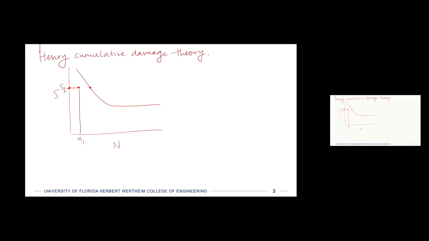In this case, we are going to do something a little bit different, and we're going to define the cycles that we have. We're basically going to say if we have this many cycles, then at any stress level that we could choose, let's say like S2, S3, et cetera, we would have some number of cycles left at those loads.